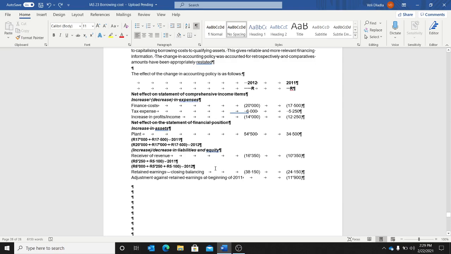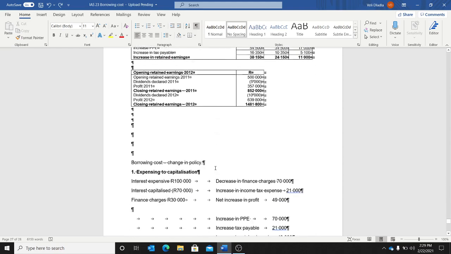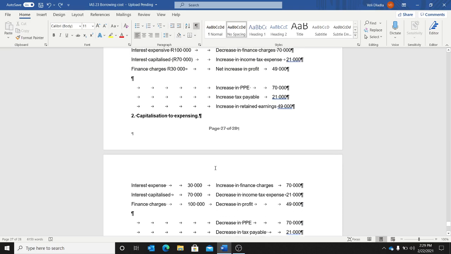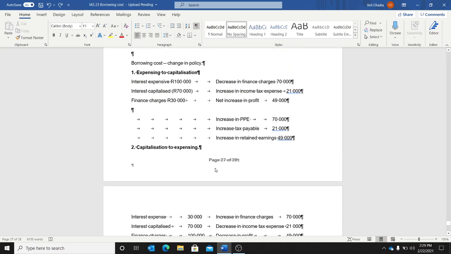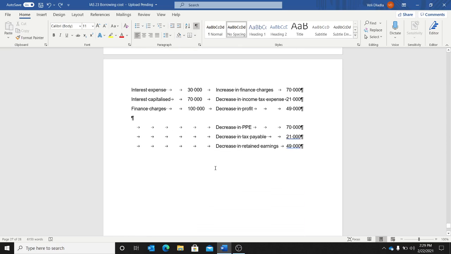All along you were expensing, but now it decided that you're going to capitalize. So it is very important to understand that the direction that is taken here in number 1 and number 2 will always remain the same until the end, when we are dealing with a change in policy that relates to borrowing cost. Thank you.